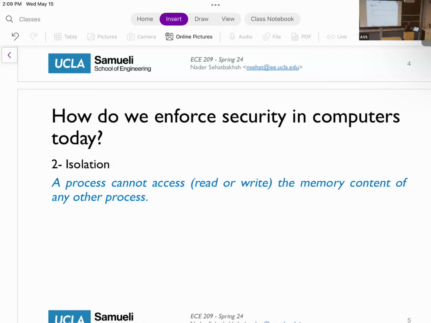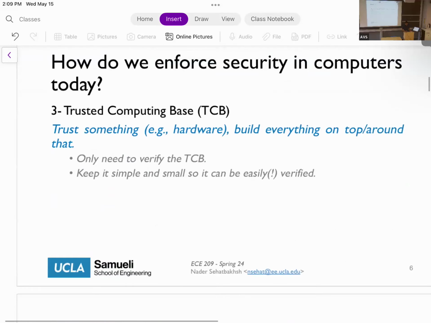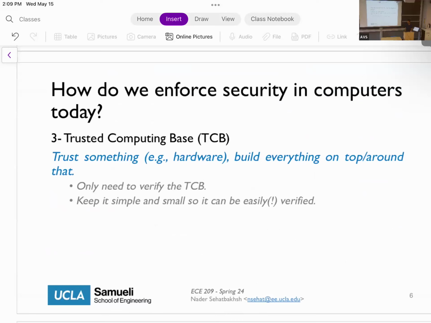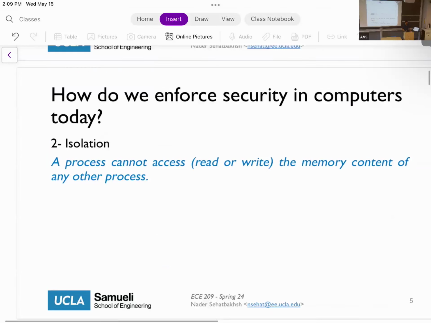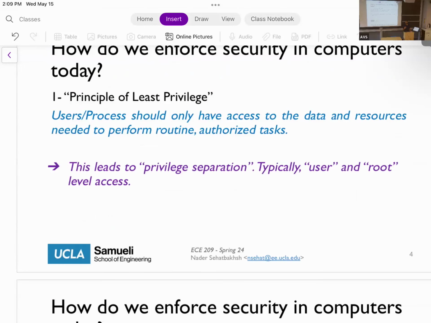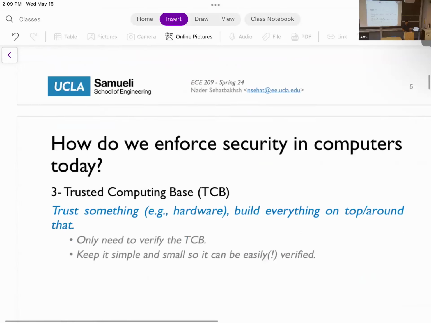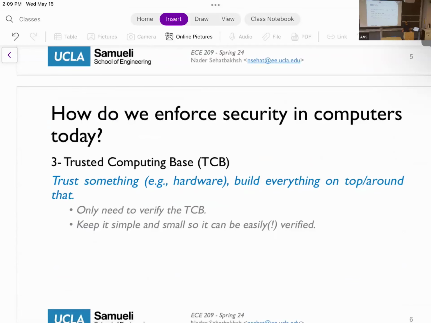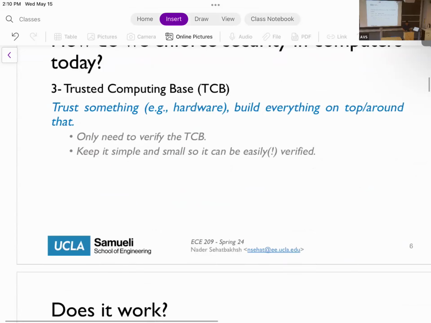And then we use a combination of various hardware and software solutions to make sure that this indeed works. And lastly, we have the Trusted Computing Base, or TCB, which is the part that we do trust, and all of these ideas are based on it. If that part we don't trust, then all of these things no longer work, because there's no one that can enforce that principle. So everything is up in the air.